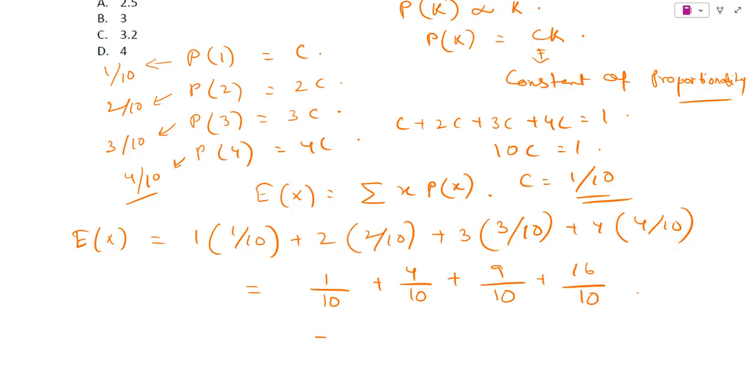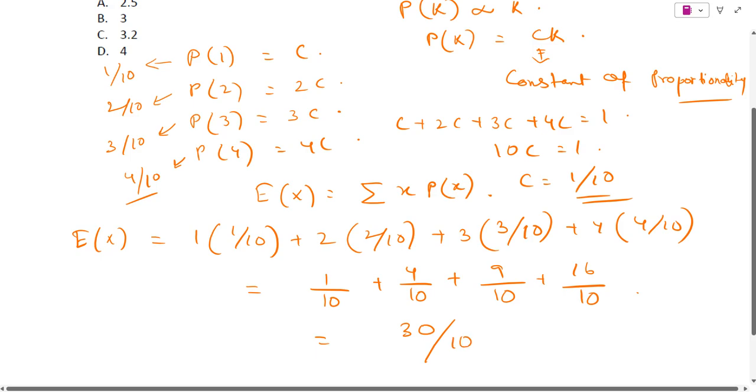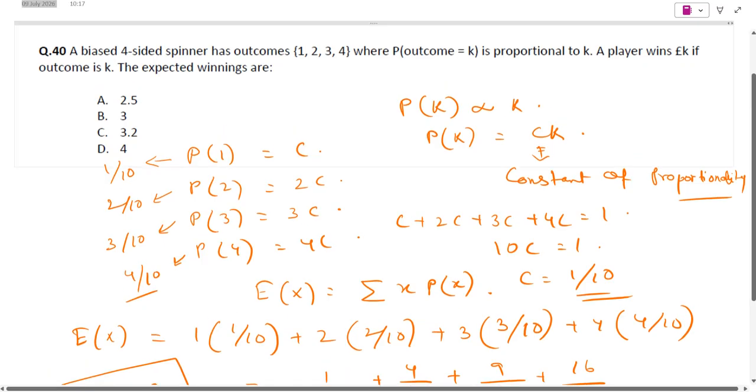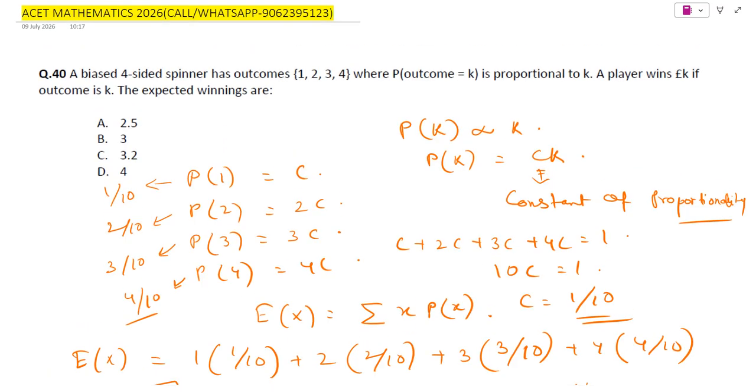So, this is basically 30 by 10. So, this is 3. Alright. So, the expected winnings are 3. So, come to the options now. Yes, so option number B is the correct answer.